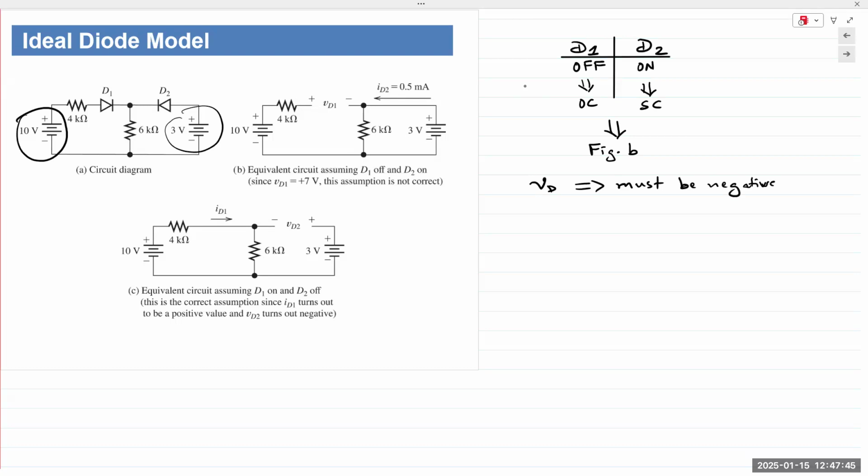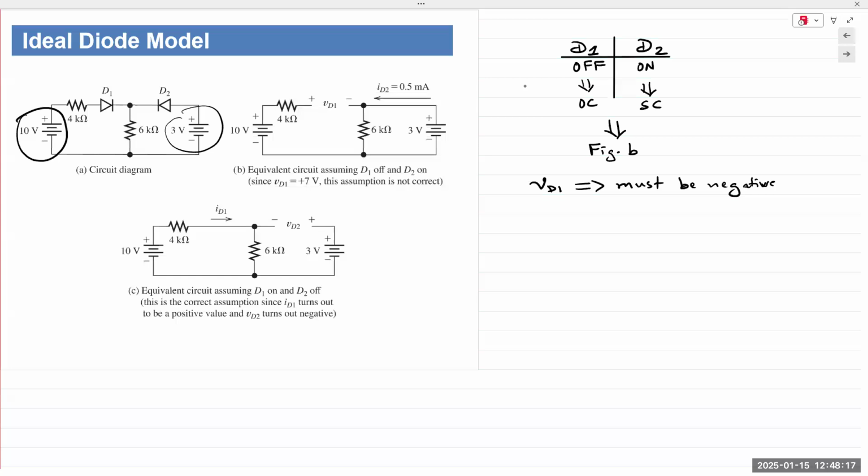So the resulting value of VD must be negative. If it is not negative, then my assumption is incorrect. Make sense?